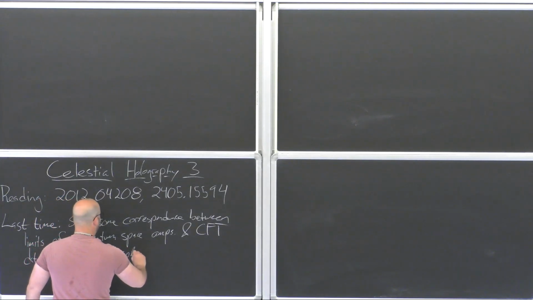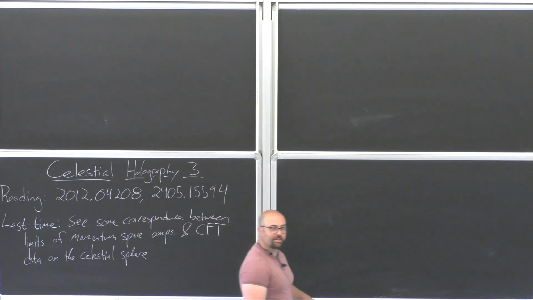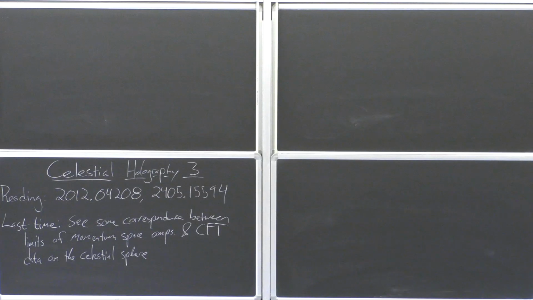Now, this might sound like a very bold statement, but if you remember what we actually did yesterday, all we were doing was looking at collinear limits, in particular holomorphic collinear limits of, say, graviton scattering amplitudes, and Mellin transforming these things and seeing that they had the structure of some kind of holomorphic OPE data in a two-dimensional CFT.